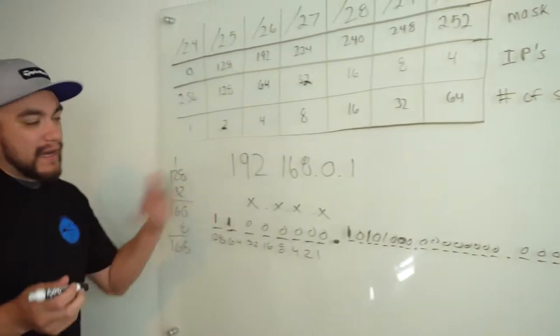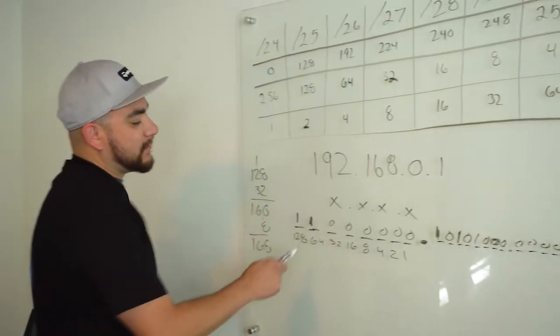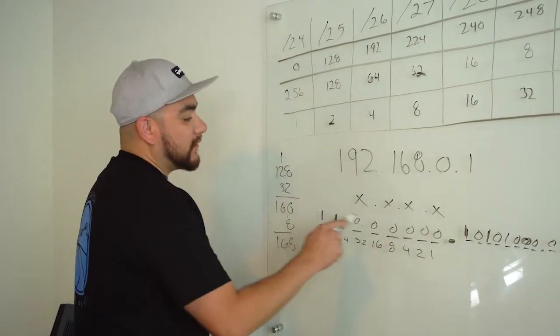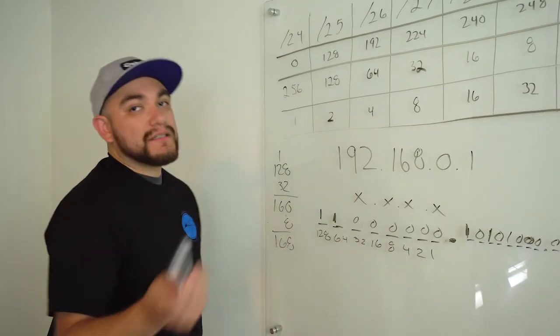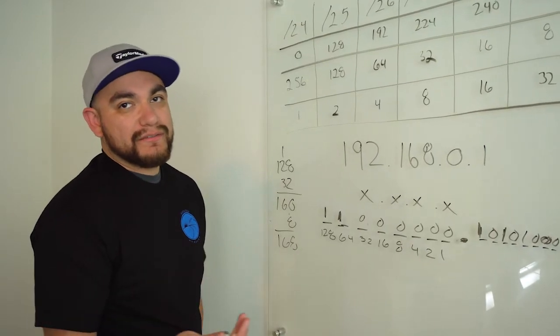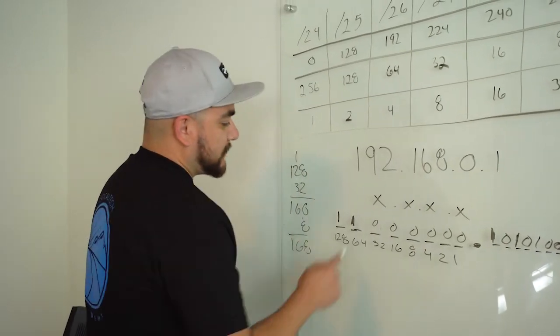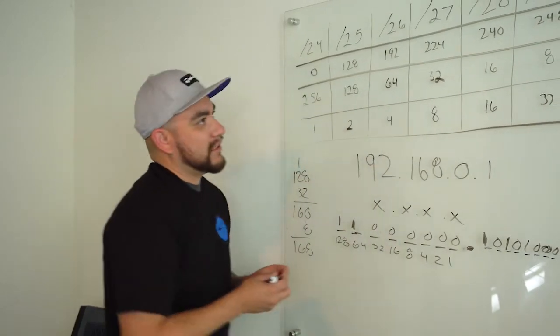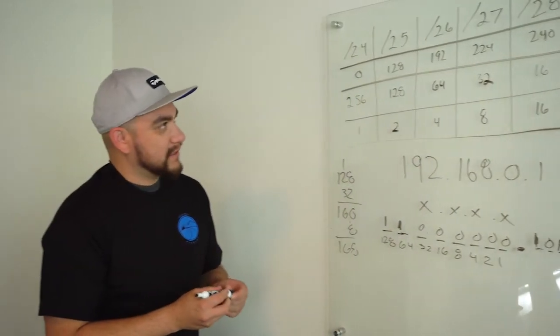But to go back before that, if we add up all of these bits and turn them all on, the highest number we can go to is 255. Just remember that in the future.